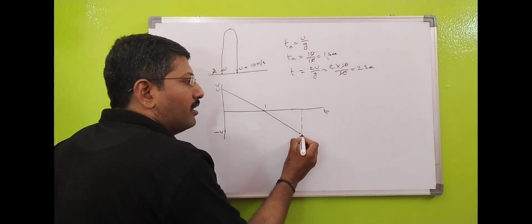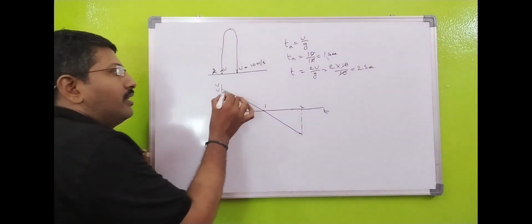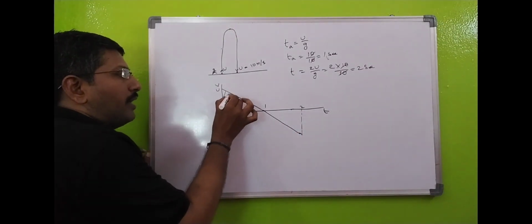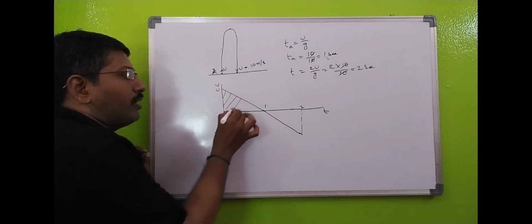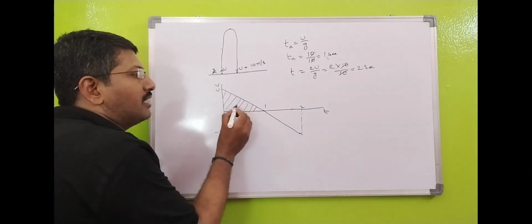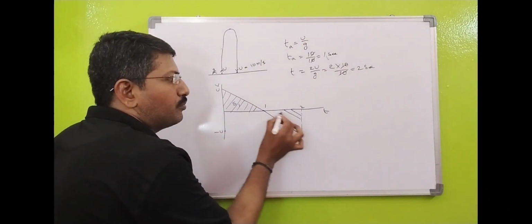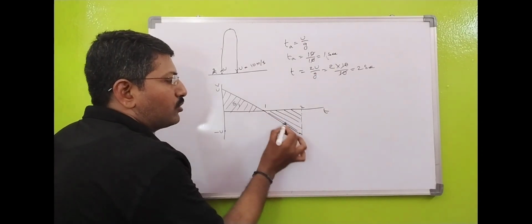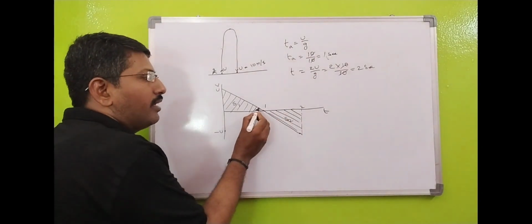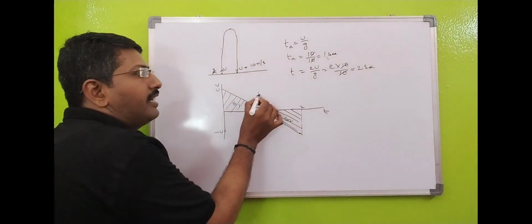Now they are asking about displacement. In the graph drawn between velocity and time, this area is S1 and this area is S2. If you observe carefully, theta is greater than 90 degrees, which means negative velocity.